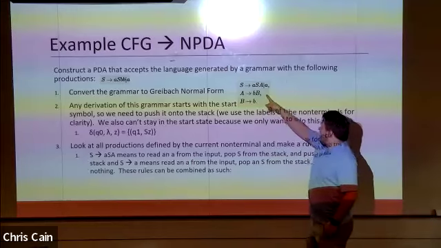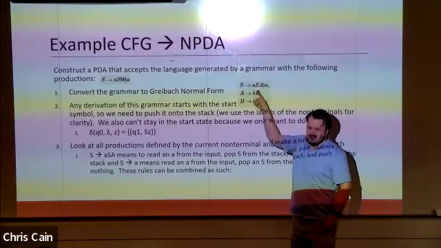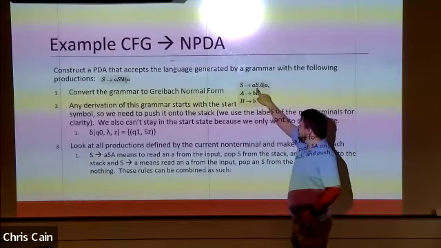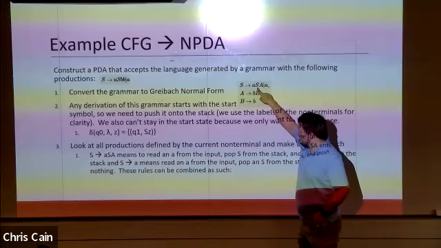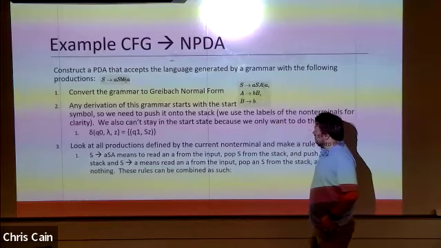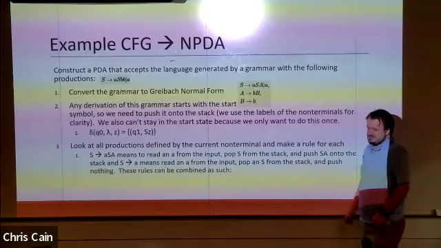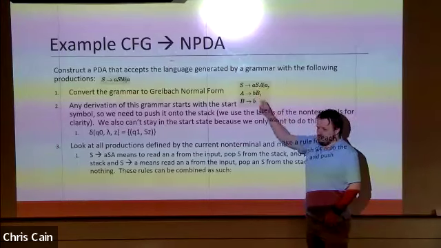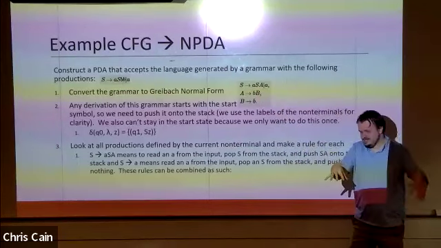You want to push the A followed by the S, because you want the S to be on top. Because in any derivation here, we're doing this left to right. We're doing a leftmost derivation. So we need to resolve this S before we resolve this A. So A, S.